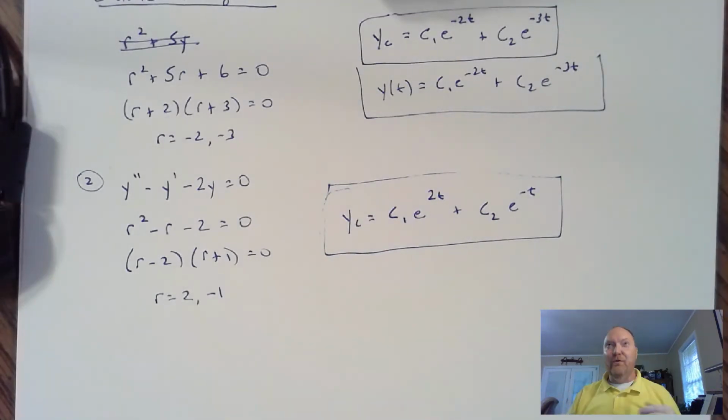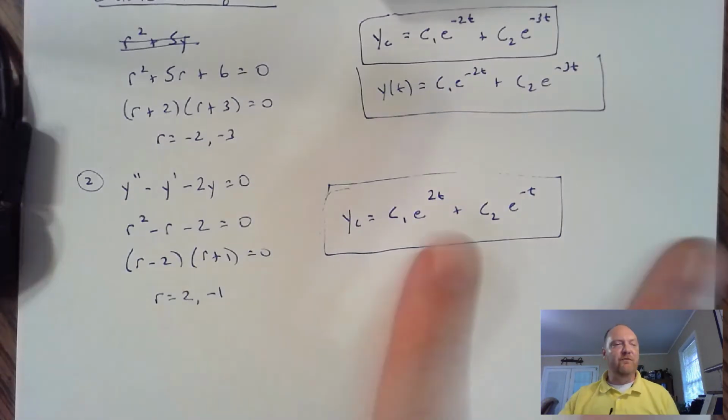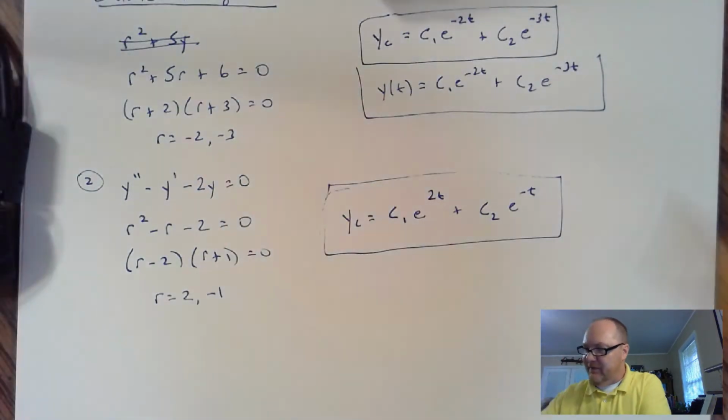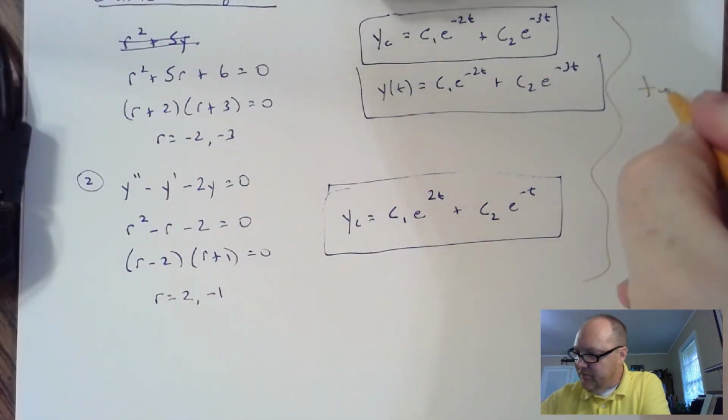So what all could happen then when I go to try to factor a quadratic? I've looked at the most common case, or the case we like the most, where I have 2 distinct roots. But other things can happen with that as well, right? So 2 distinct roots, that's how I'm going to do the solution. And let me just write that in there. 2 distinct roots.